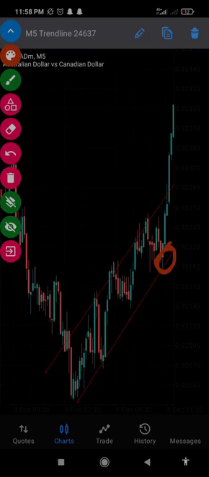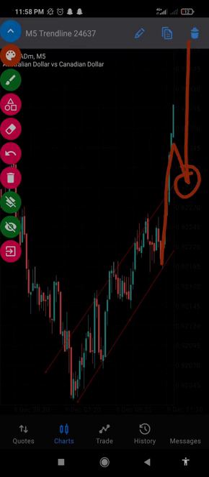So I will enter this trade, but I would have exited here. But what happened? It went up. For me to trade this up, this is what I would have done. Wait for it to get here, come back, then go up. So this is where I would have entered.